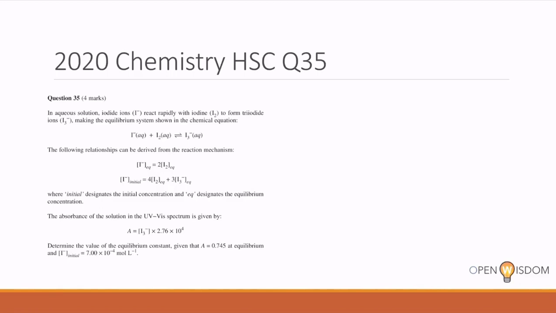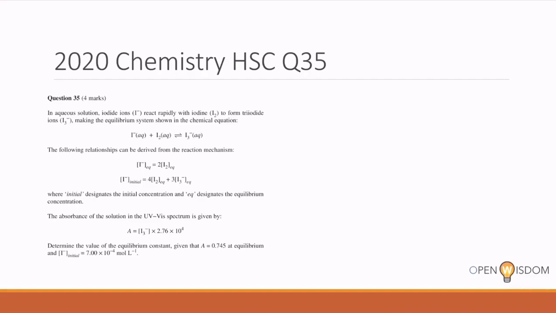The absorbance of the solution in the ultraviolet visible spectroscopy spectrum is given by this equation. Determine the value of the equilibrium constant, given that A is equal to 0.745 at equilibrium and the initial concentration of iodide ions is equal to 7 times 10 to the power of -4 moles per liter.